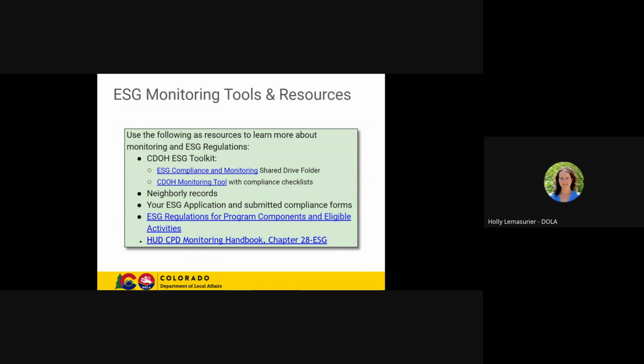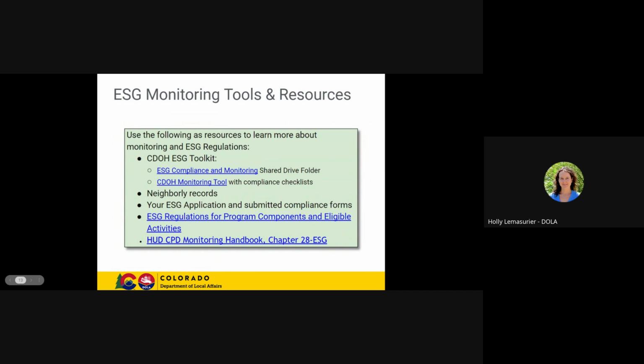And in this folder are many helpful tools for you as you prepare for monitoring, including our monitoring guide, a monitoring 101 document, all the communications regarding monitoring, copies of the onboarding slideshow you see now, and other monitoring documents lists. So be sure to check out the Drive file because it will have most resources you need for your monitoring.